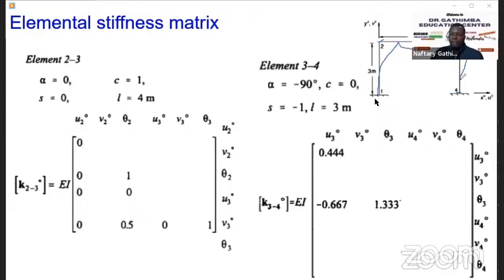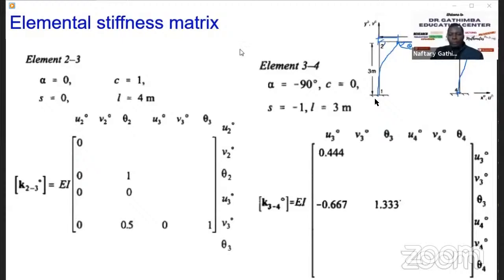So we are saying there will be rotation on this node, and there is horizontal displacement and rotation at node 3. So that's only what we need to combine: U2, theta 2, U3, theta 3. That's what is necessary for us to assemble to get the reduced stiffness matrix, I mean, the reduced finite element equation.